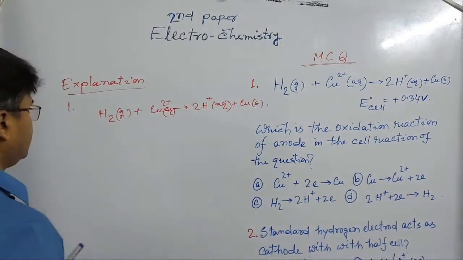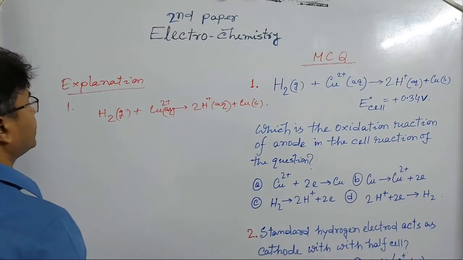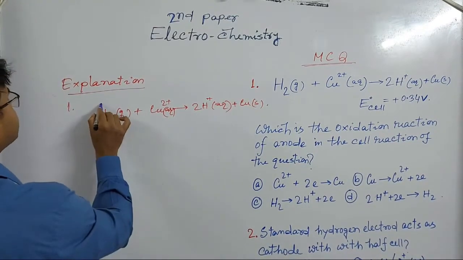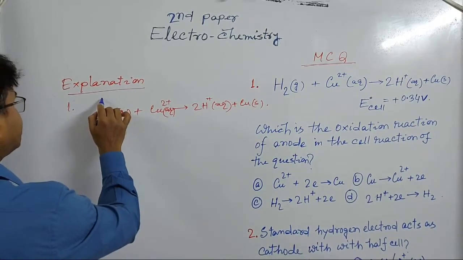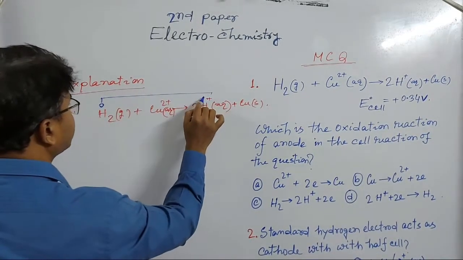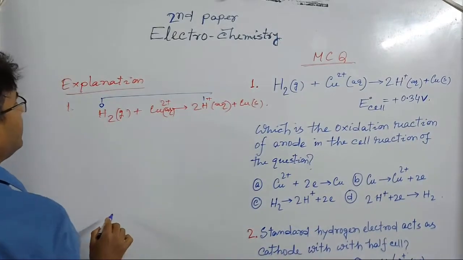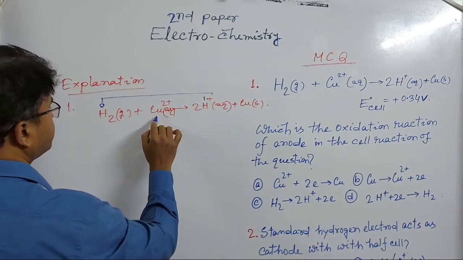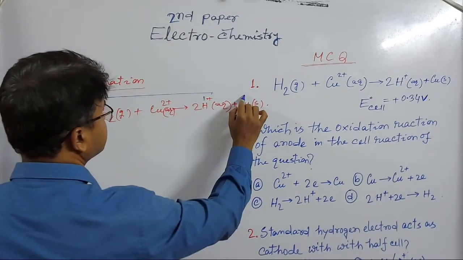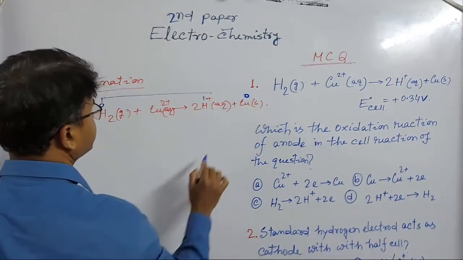However, if you observe the cell reaction, you will see that the oxidation number of hydrogen is 0 and it is increased from 0 to plus 1, and the oxidation number or charge number of copper is 2 plus, and here the oxidation number of copper is 0.